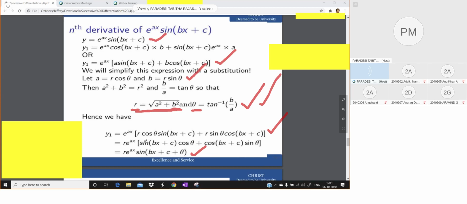Yeah, so which means we just substituted wherever A is there, you put an R cos theta, wherever B is there, you put an R sin theta, and then you can see that you have R common in both the terms, so that R you're writing ahead.